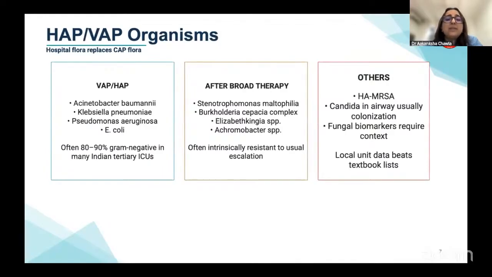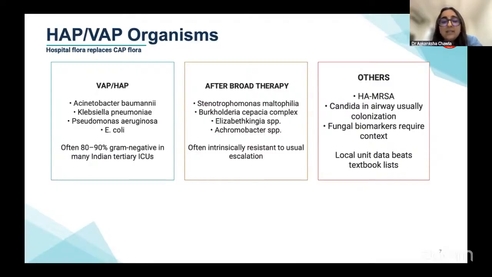Now your patient got better, it's been 2 weeks, and now suddenly, he develops a new infection. So after you've covered your organisms for VAP and HAP, the second time when the patient gets infected, you have to have these organisms in mind before deciding on your therapy again for your patient, which include Stenotrophomonas, Burkholderia, Elizabethkingia, and Achromobacter.